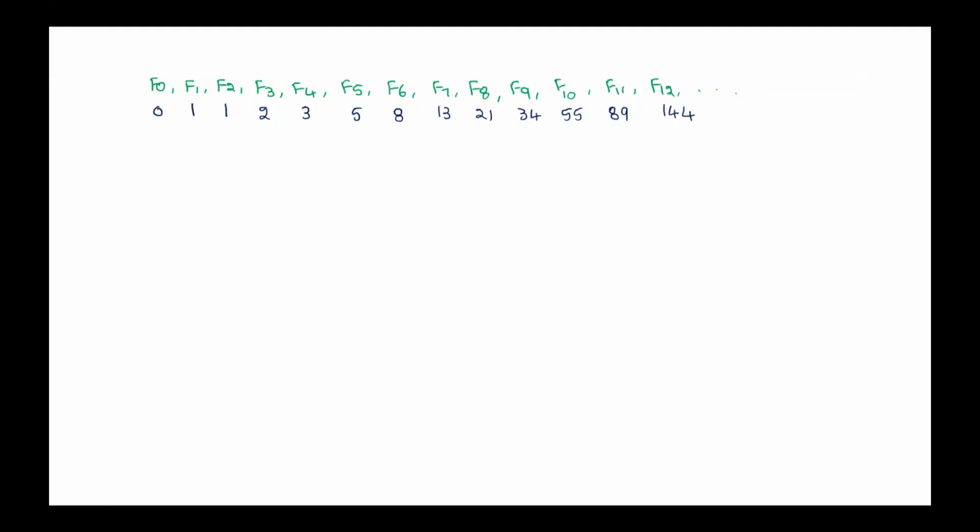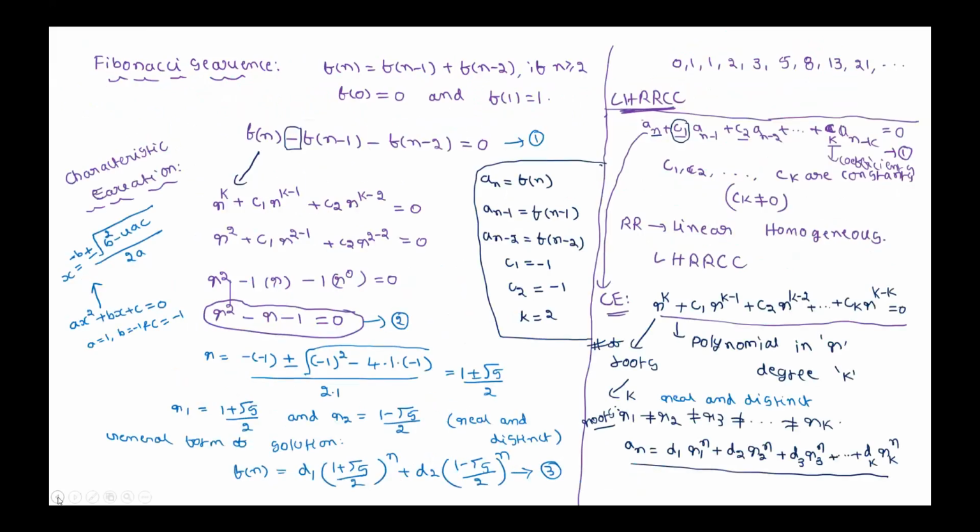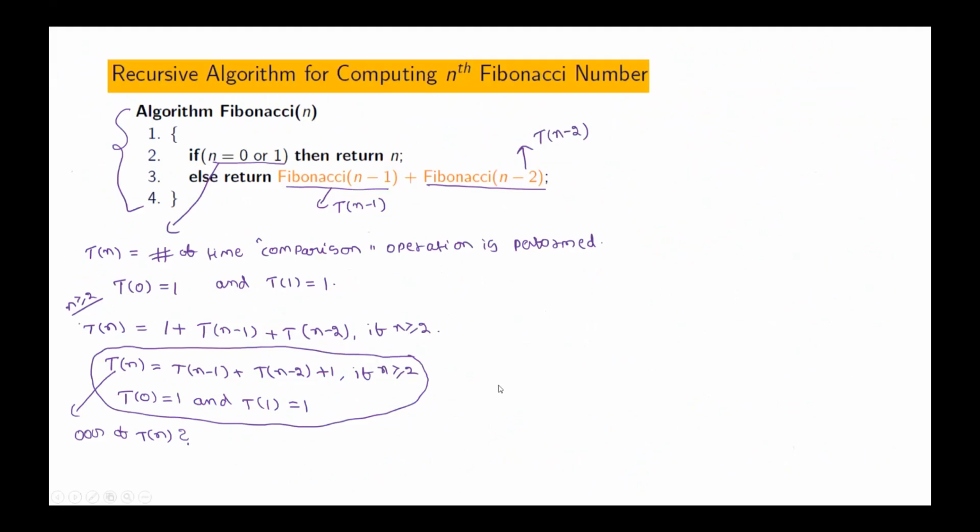Now, what is it that we are actually looking for? Our intention is to solve which recurrence relation? To solve this recurrence relation, T of n minus 1. So here again, we'll come back to this. So what is the recurrence relation here?